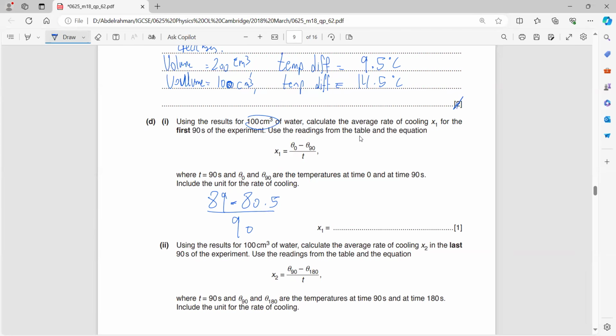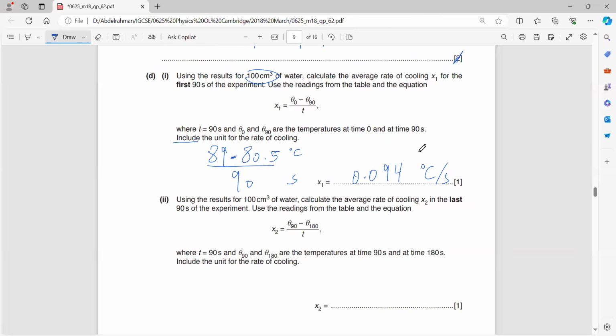Can someone calculate it? 8.5 divided by 90, 0.0944. Include the unit. You must include the unit. Degrees Celsius, and this is seconds, so it has to be degrees Celsius per second.